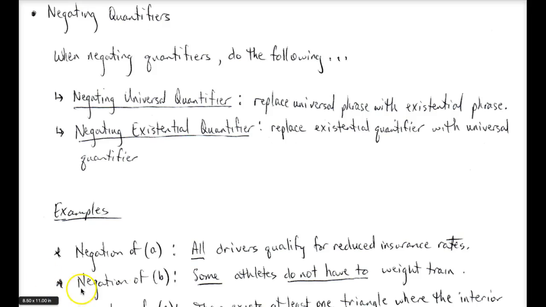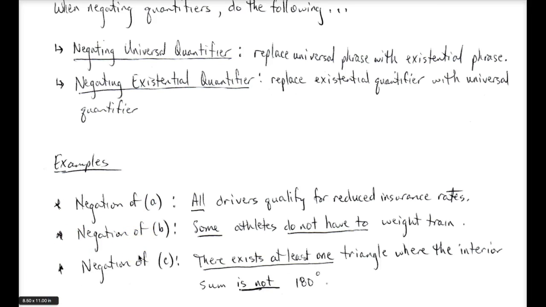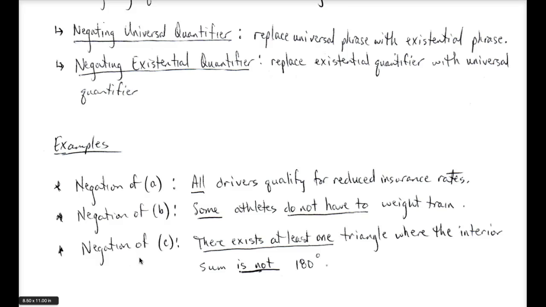So I have a few examples here based off of what we just got through doing to illustrate that. If we negate statement A that we saw earlier, instead of saying that some drivers qualify for reduced insurance rates, we say that all of them do. And for B, instead of saying that all athletes have to weight train, we would say some athletes do not have to weight train, if we're going to negate that quantifier.